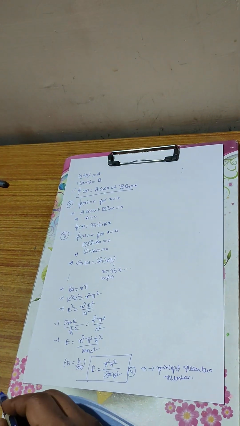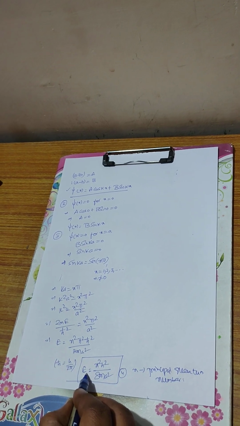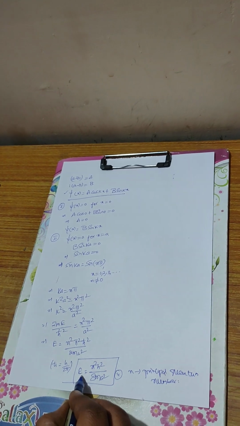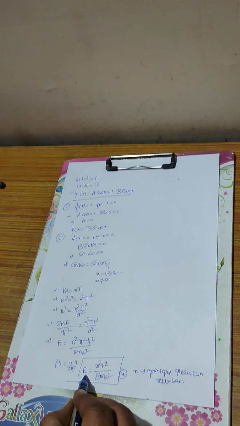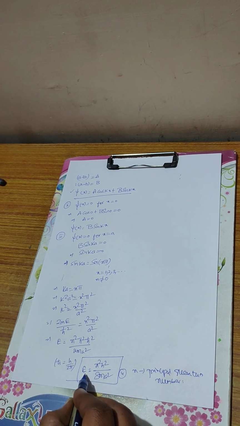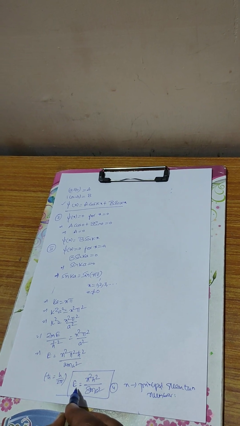If n is equal to 0, it means the energy of the electron becomes equal to 0. Energy is 0 means, as discussed earlier, the total energy of the electron is kinetic. Therefore, the momentum of the electron becomes 0. Momentum becomes 0 means it leads to a violation of Heisenberg's uncertainty principle.